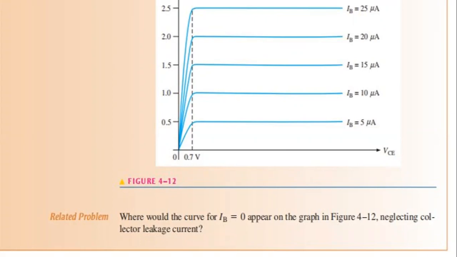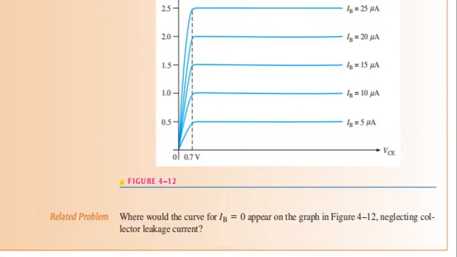For keeping the input current constant, the procedure to be followed is to fix the input voltage to a few volts, so that the junction between the base and emitter is forward biased by 0.7 volts. Measure the current IB across the resistance RB. Keep it constant till all the points have been plotted on the graph, and repeat the procedure for other base currents, that is 10 microamperes, 15 microamperes, 20 microamperes and 25 microamperes.